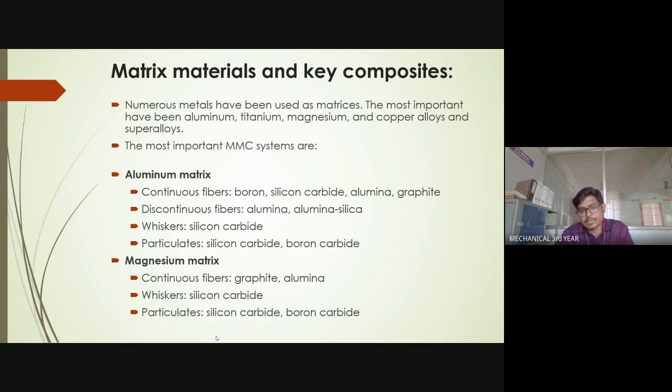Silicon carbide is available as whiskers, and also in particulates, either in powder form or in granular form. We have silicon carbide and boron carbide. Coming to the magnesium matrix, in the case of continuous fibers, we have graphite and alumina. And in the case of whiskers, we have silicon carbide. Particulates, we have silicon carbide and boron carbide.